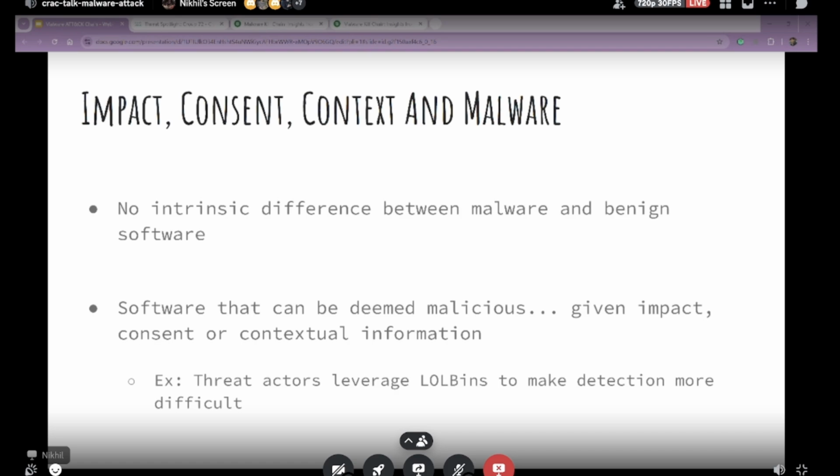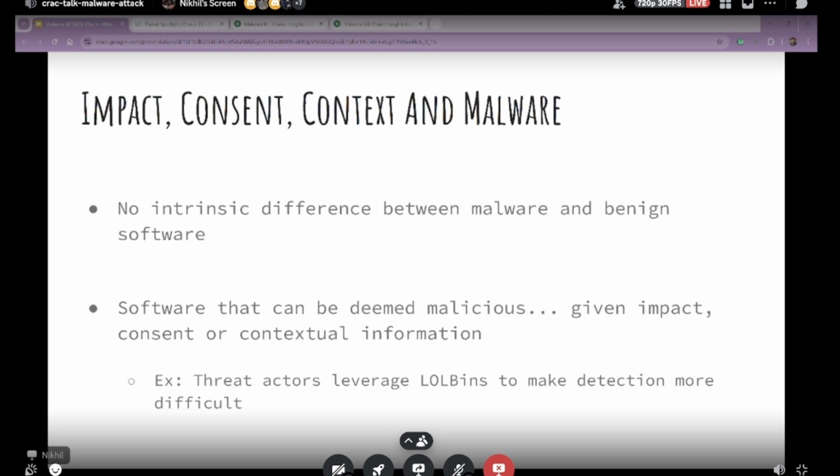If you say yes, this IT person now has consent to remotely interact with your system. Would you say the remote access software is malicious? If you replace this IT person with a threat actor and remove your consent, will you then say the remote control software is malicious? Probably.